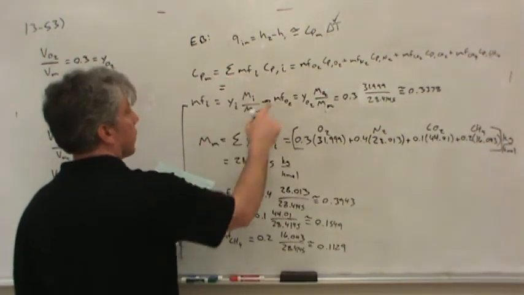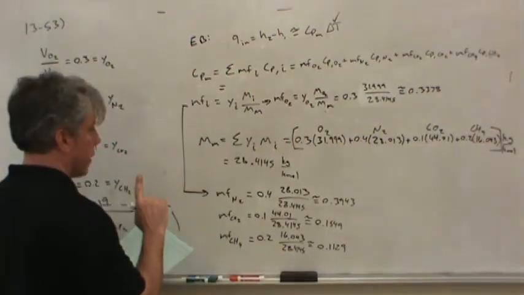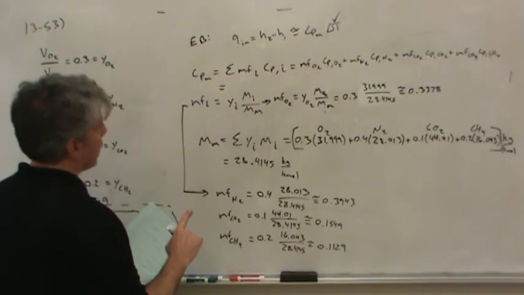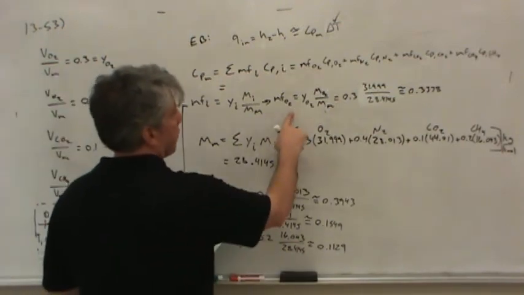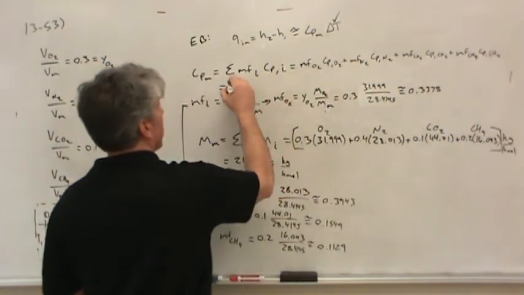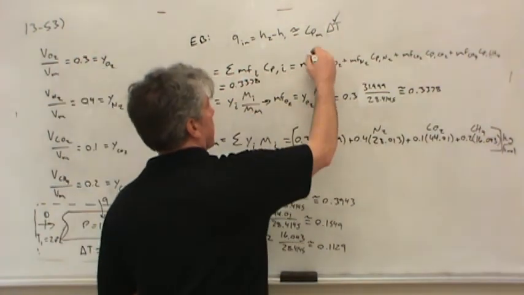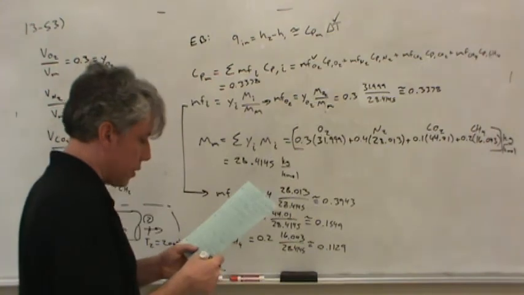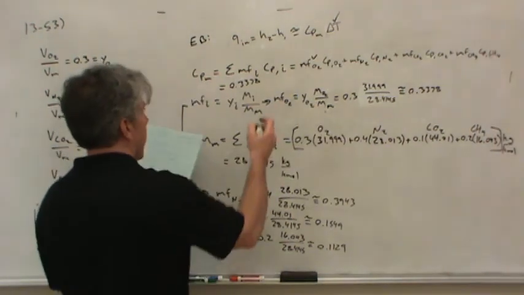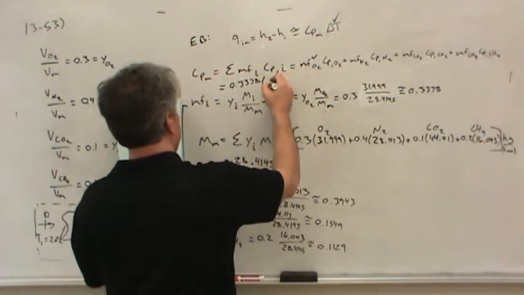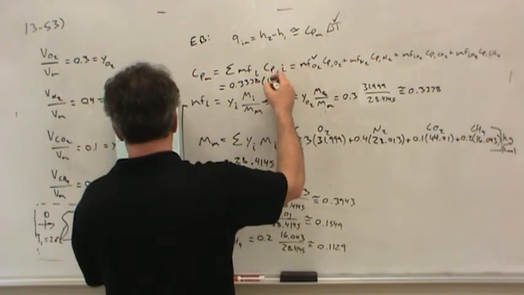So this is going to be equal to the mass fraction of oxygen. We've got that now, right below me. So it's 0.3378. That's the mass fraction of the oxygen. The heat capacity of the oxygen you have to look up. And I won't write in the units for the heat capacities until the end.